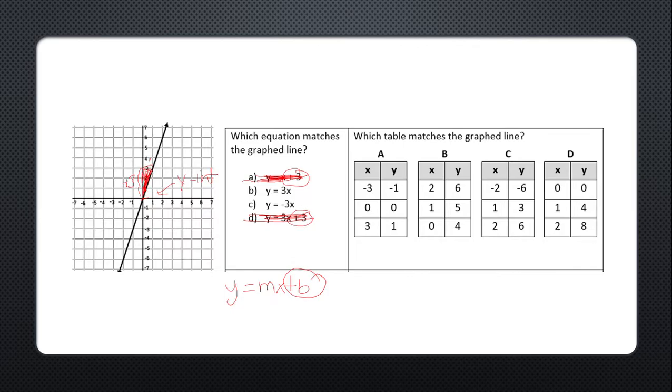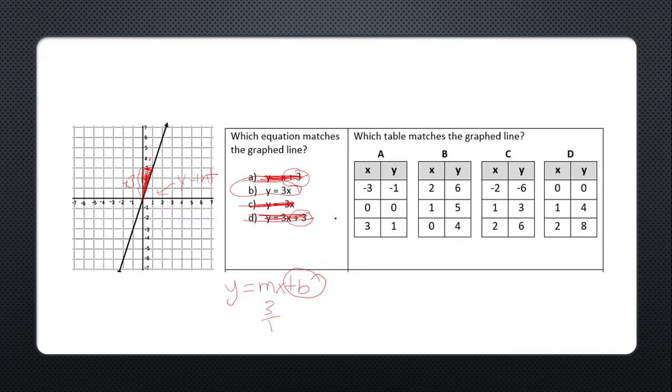We're going up 3 over 1. So our slope is 3 over 1, or 3, which is the letter B. So B is our answer. C is not, because C is negative. We're not going down 3 and over 1.